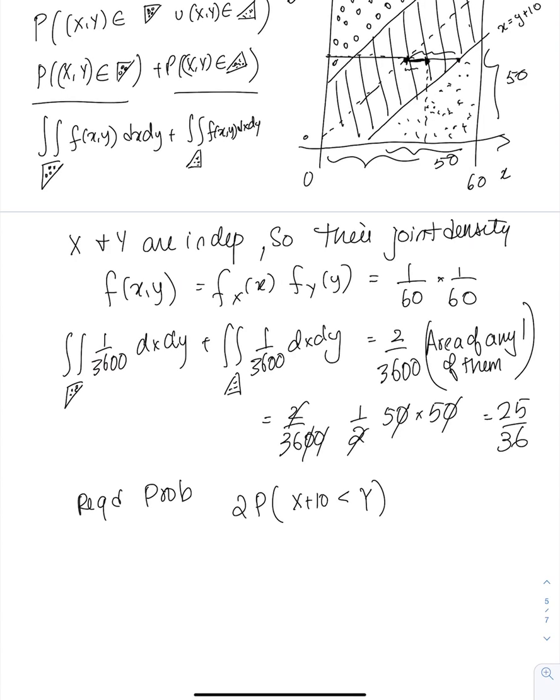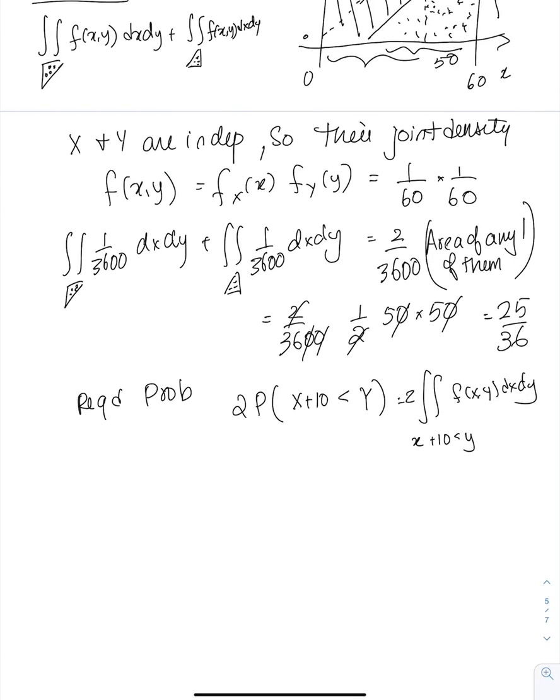Okay, so then you can look in the picture at the region, and you know that is 2 times the double integral over the region x plus 10 less than y, f of x y dx dy. And you know that f of x y, they use the same reasoning to show that f of x y is 1 over 60 times 1 over 60, and proceed with this integral. All right, so if you want, here you go.